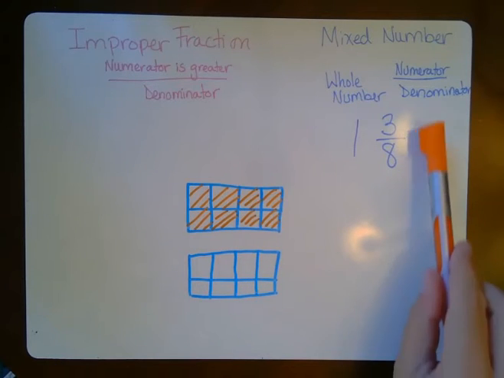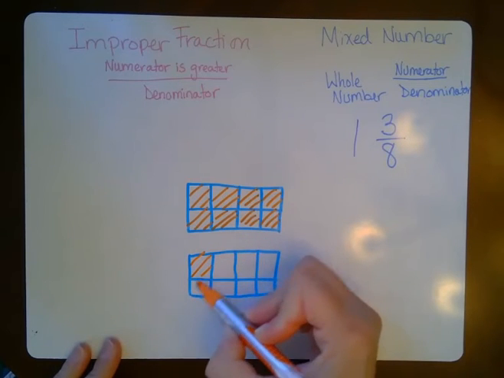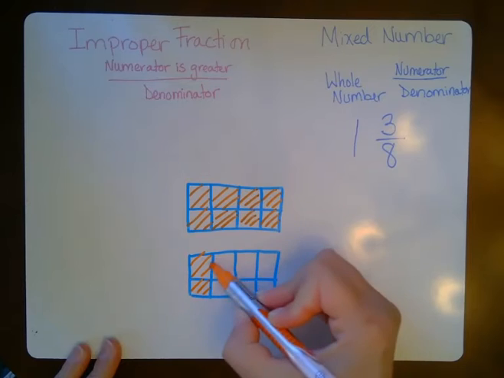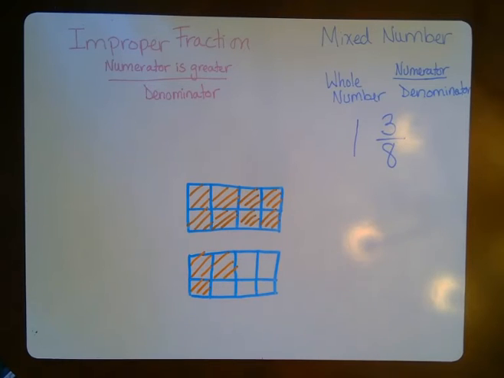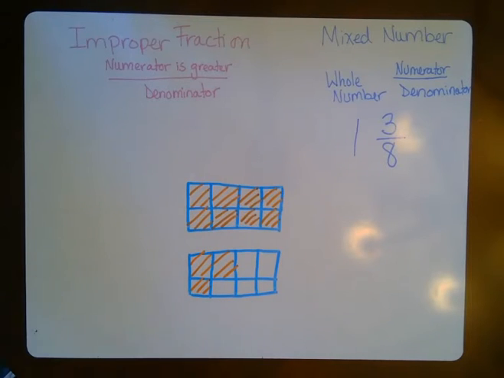And I need to show 3/8. 1, 2, and 3. So now I have a model of a mixed number that shows one whole and 3/8 of another. Now I can take the same model and I can write the equivalent improper fraction.